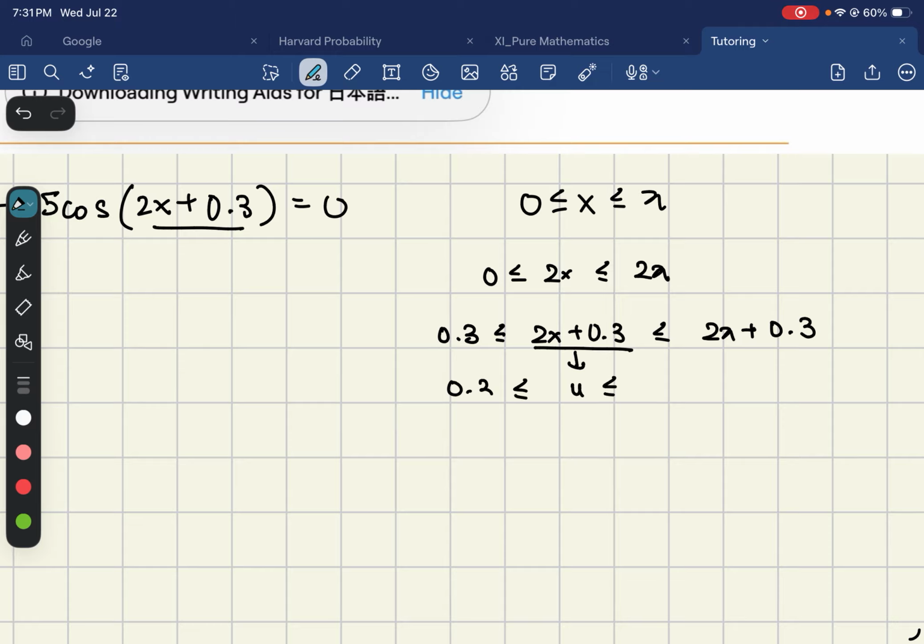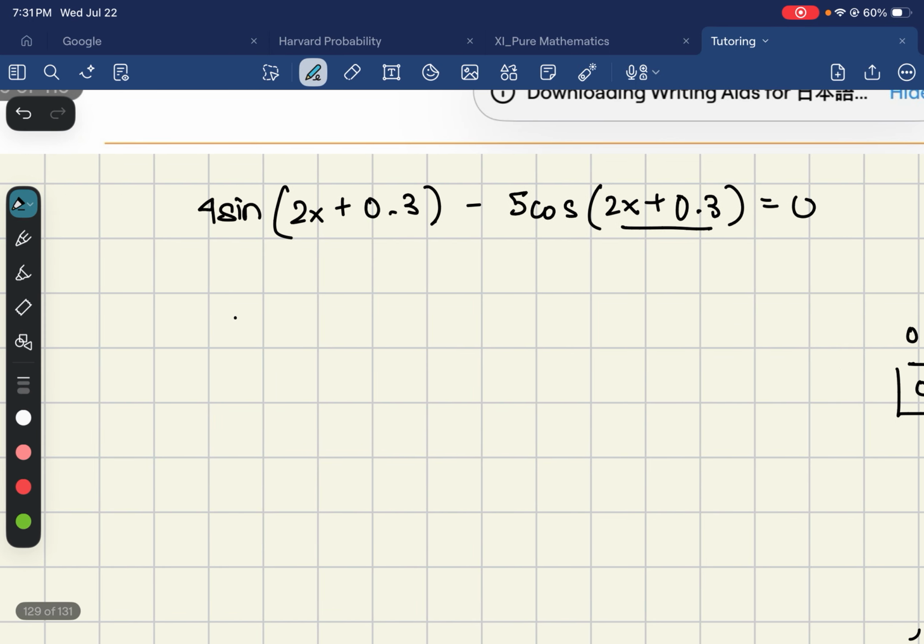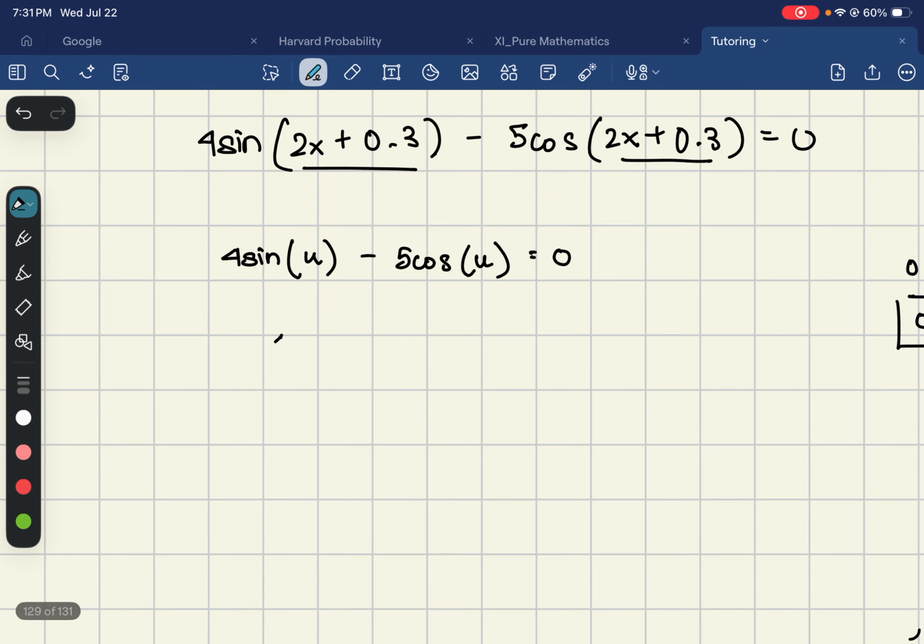So u is bound between 0.3 and 2 pi plus 0.3, which is just 6.5831 dot dot dot. So this is the inequality that we are going to look at. All right, so now let's write this in terms of our new variable u. Right, and now I can write this as 4 sin u is equal to 5 cos u.